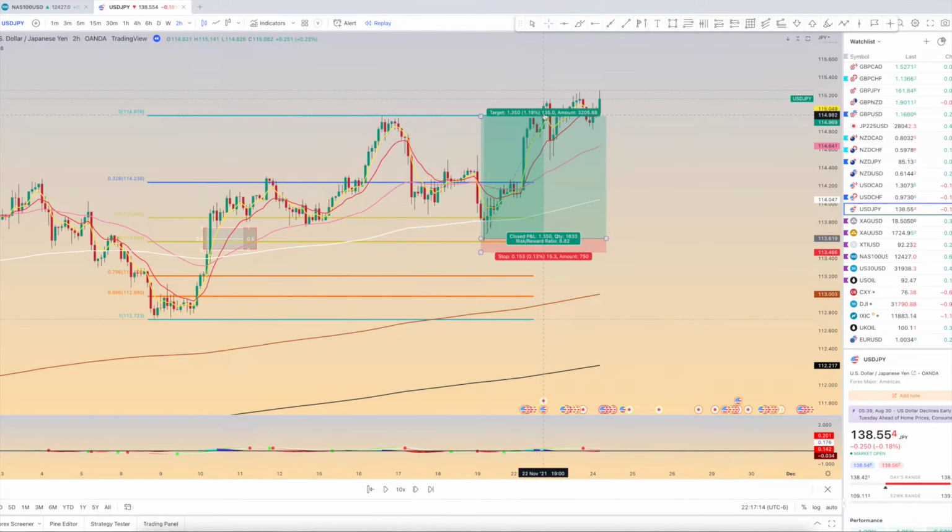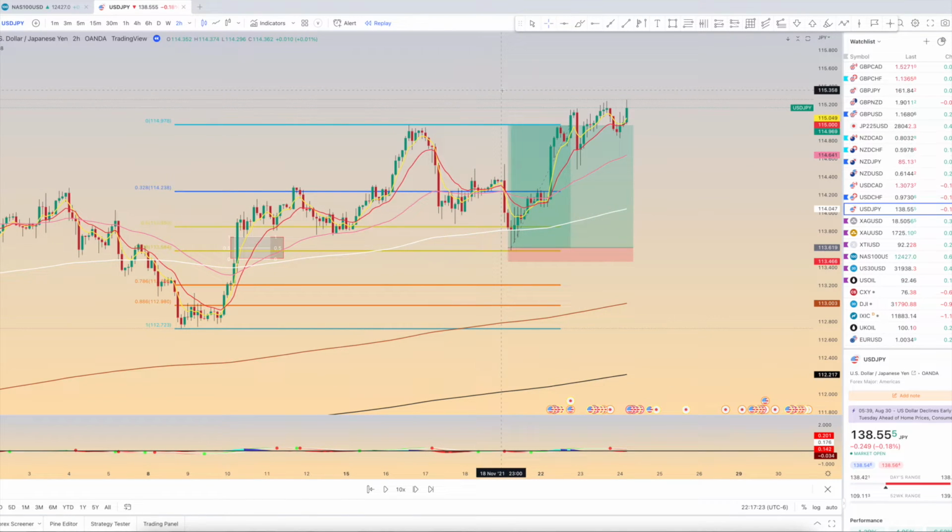And as soon as it touches that, that's when the exit is, right? I mean, we know, judging by how this is looking, there's a potential for it to go higher. But that requires this tool right here, trend-based fib extension, to predict how high it could possibly go before a reversal, right?